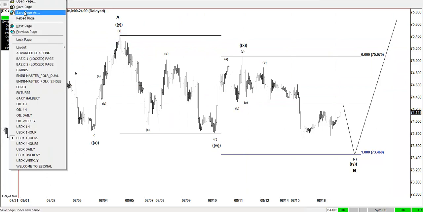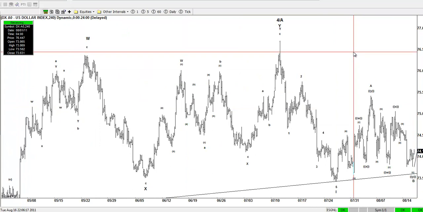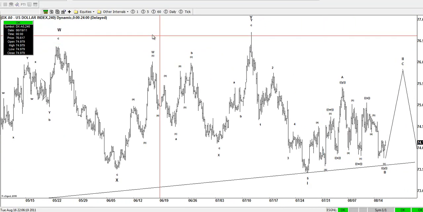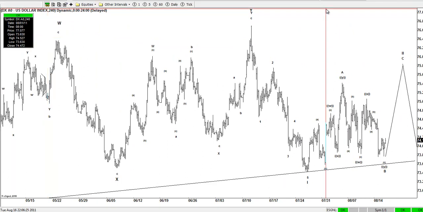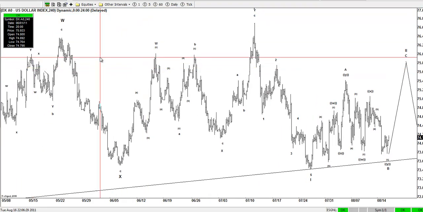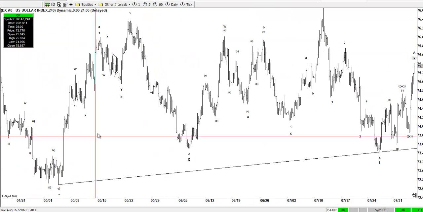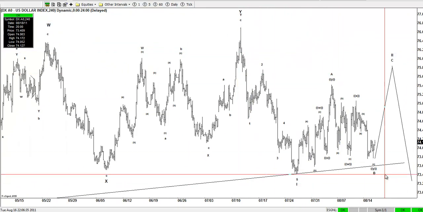If we go to the 4-hour chart on the dollar, let me show you something, guys. This can be a huge, huge flat on the 4-hour chart that comes from here and it goes ABC right here, and then another ABC.